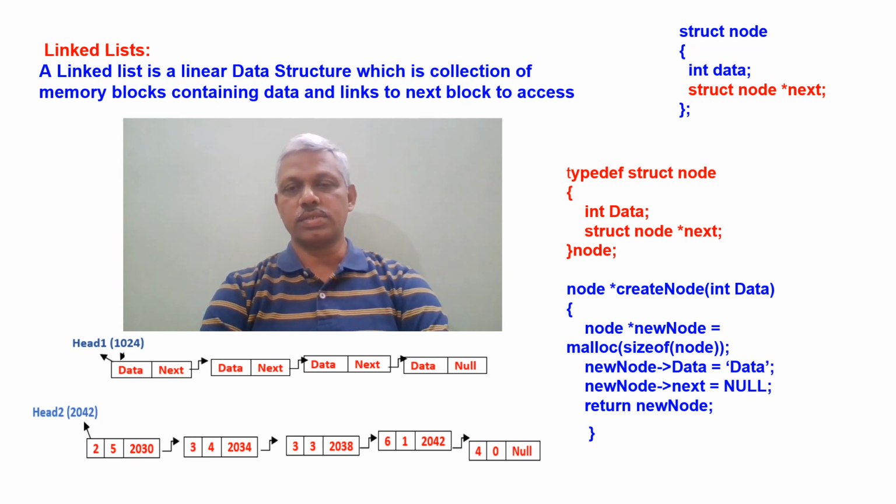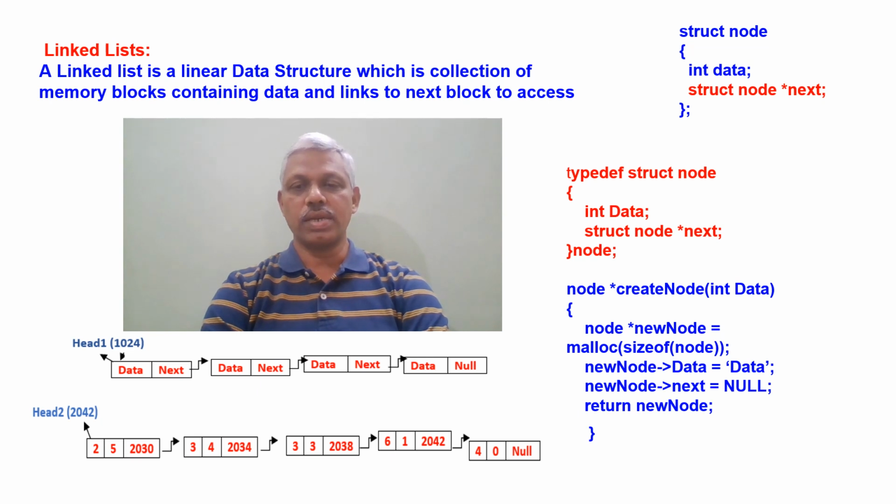By using this concept, of course, we can typedef this structure definition. We can define typedef struct node with int data and struct node star next, named node. Once we create this typedef, whenever we call node, we can create a node. So node star createNode(int data).